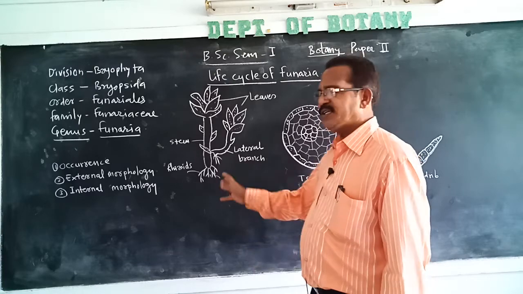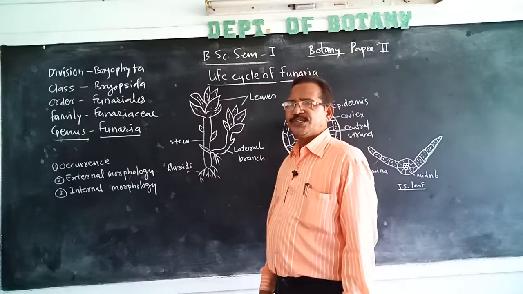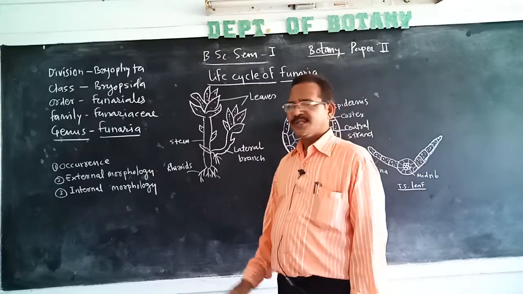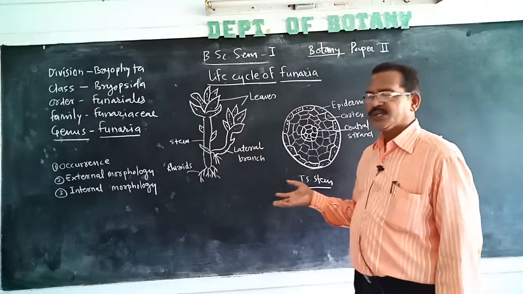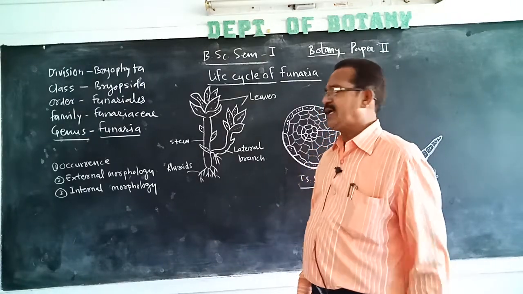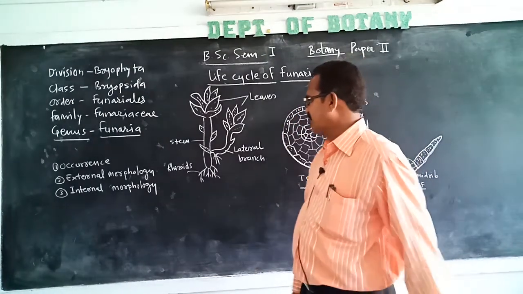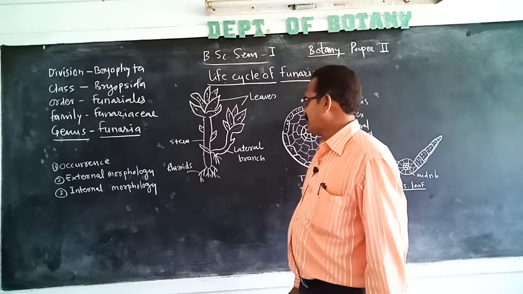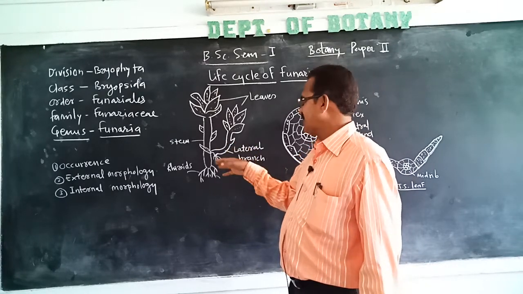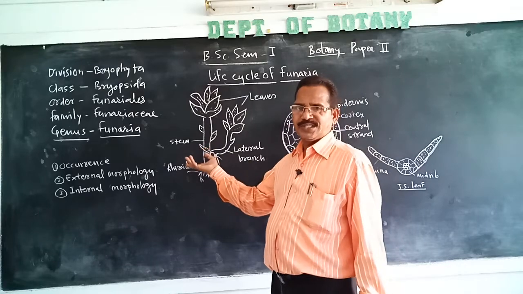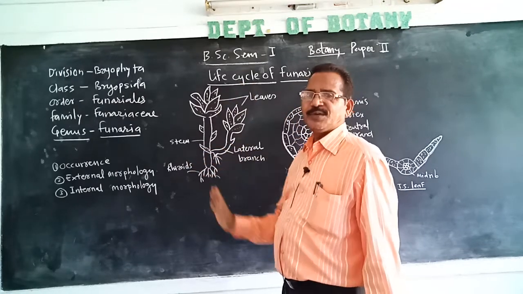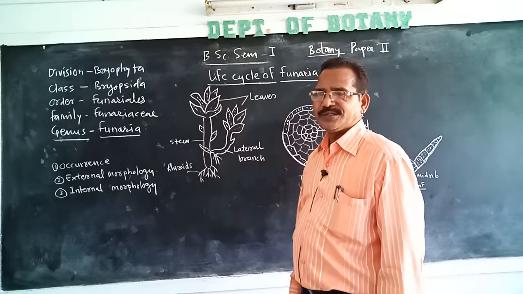The rhizoids are delicate, thin, multicellular, and branched structures. They fix the plant to the substratum and also absorb minerals and water from the substratum. The stem is a branched structure, branching is extra-axillary, and it grows like a main stem in an upward direction.